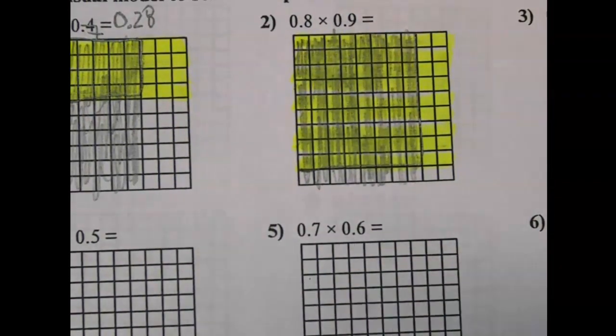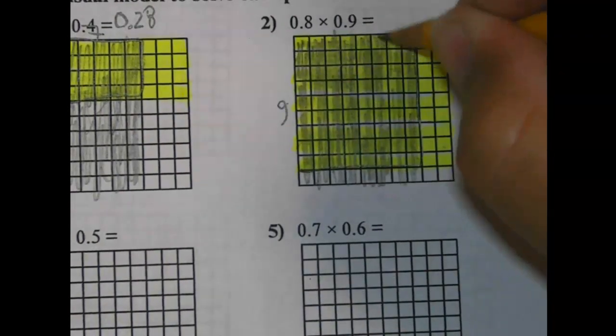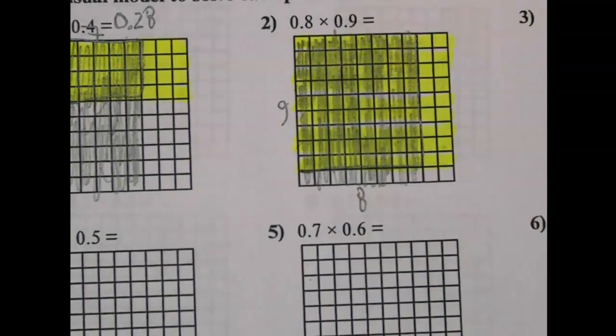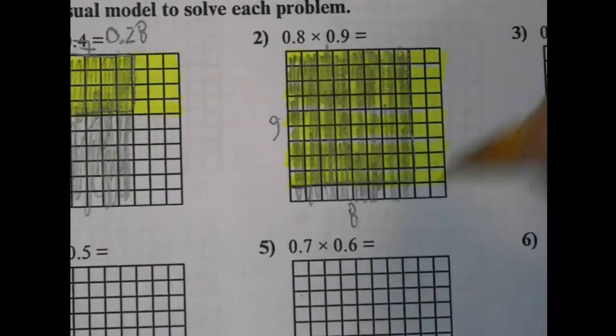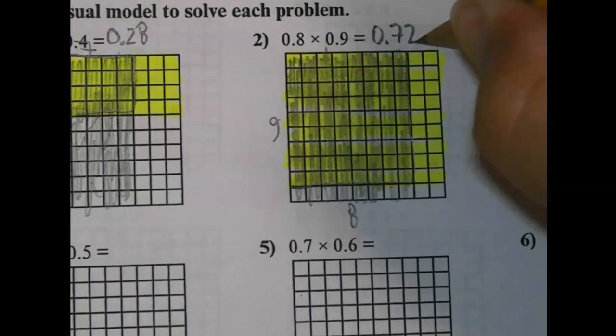And so I have a rectangle that is 9 units tall and 8 units across, and 8 times 9 is 72, or the area of this overlapping area is 72. And again, these are hundredths, so my answer is 72 hundredths.